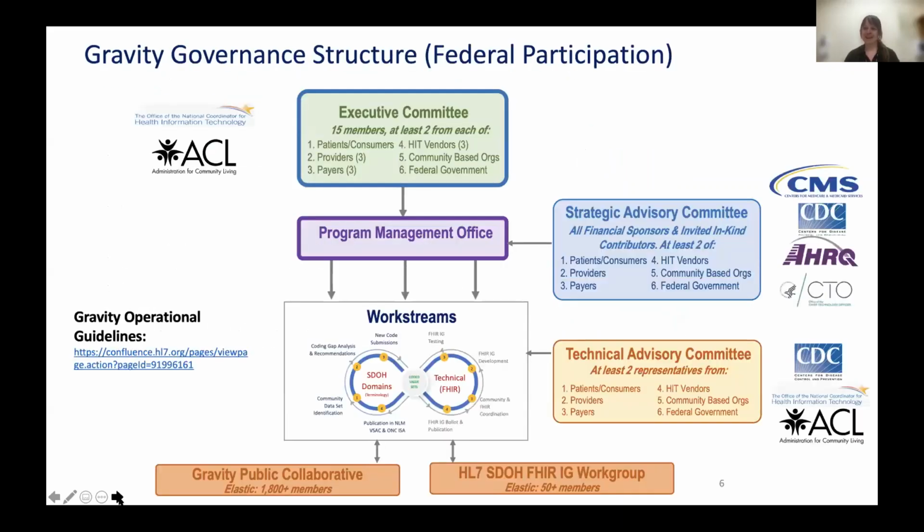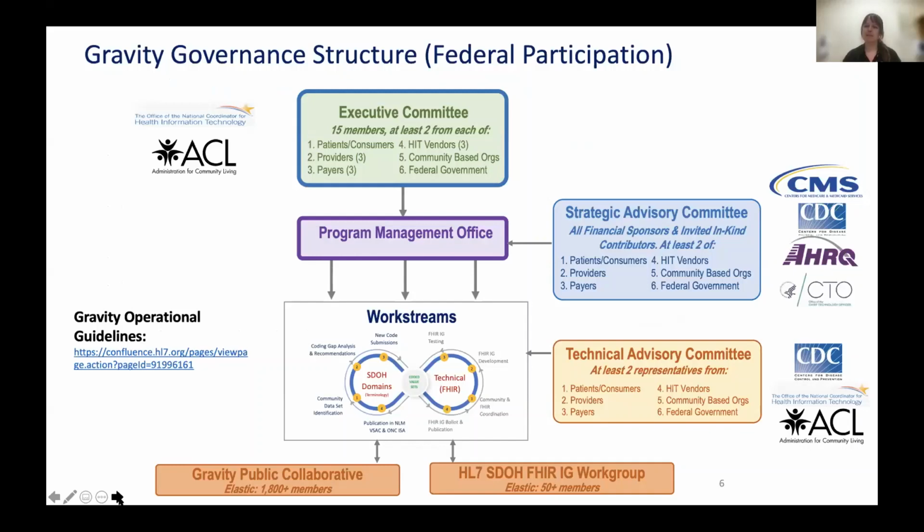This is a complicated org chart, but it just wants to show you the governance system that is infused in the Gravity Project now. What started out as a conversation between friends, talking with our colleagues at UCSF SIREN, has turned into a national, very government-embedded initiative, with a governance structure with an executive committee.